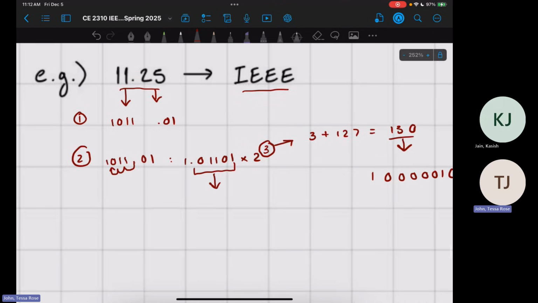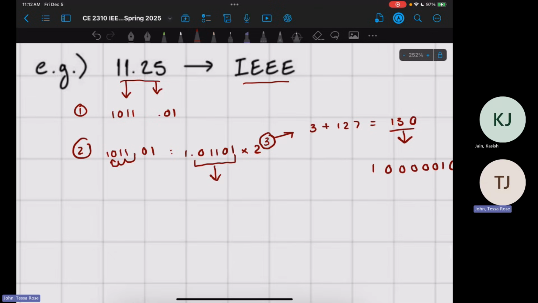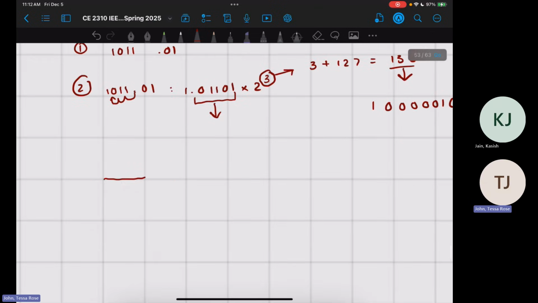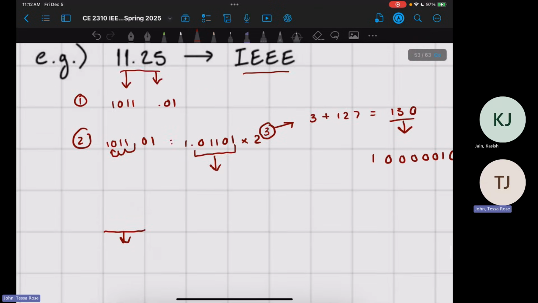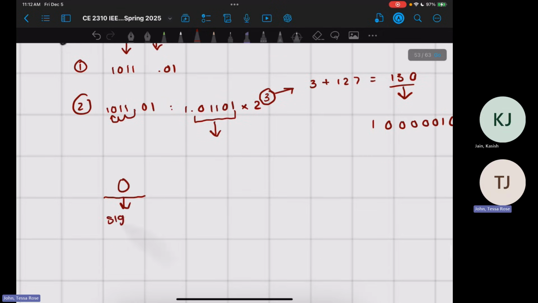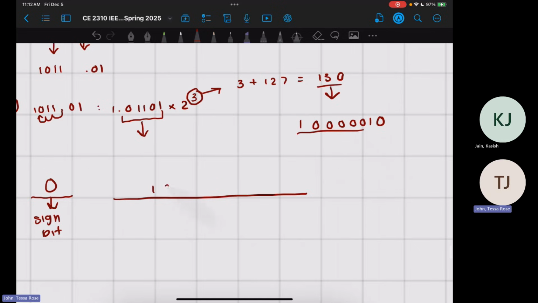So your final answer would look like, first you have a sign bit. In this case, our sign bit would be 0 because we have a positive number. Then we have that 8-bit exponent number, which we calculated to be this, 10000010.